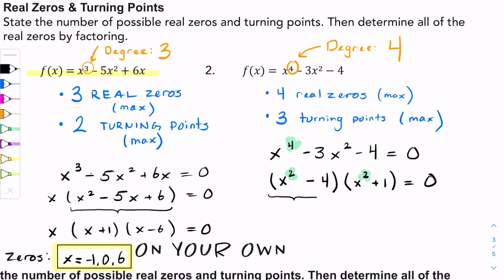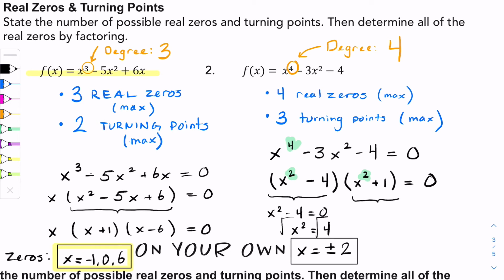This first expression, x squared minus 4 equals 0. Add 4 to both sides, x squared equals 4. Take the square root of both sides, x equals plus or minus 2. This expression right here, x squared plus 1 equals 0. x squared equals -1, square root, x equals plus or minus i.